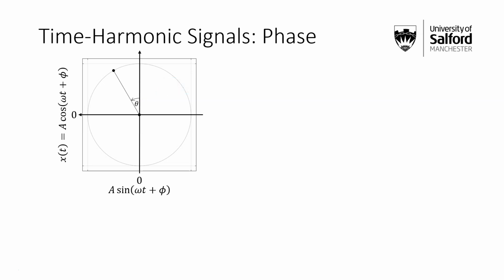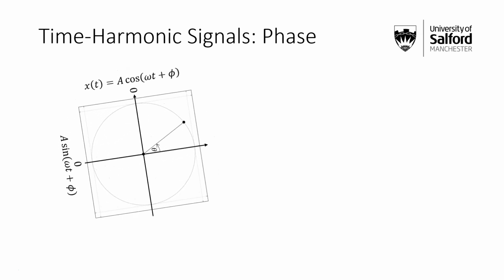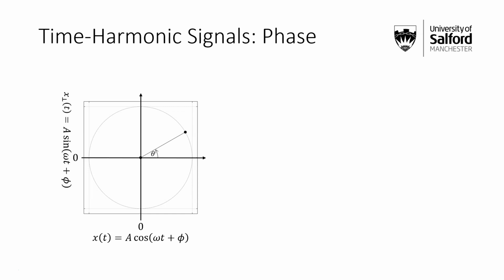So the first thing I'm going to do is just to change convention a little bit. I'm just going to rotate this graph around because the convention is that we're going to put cos on the horizontal axis. So I'm going to have to stick with that now. So let's just tidy that up. And also, just to link back to this energy idea, I'm just going to give a name to the signal on the vertical axis there, and I've called it x perpendicular.